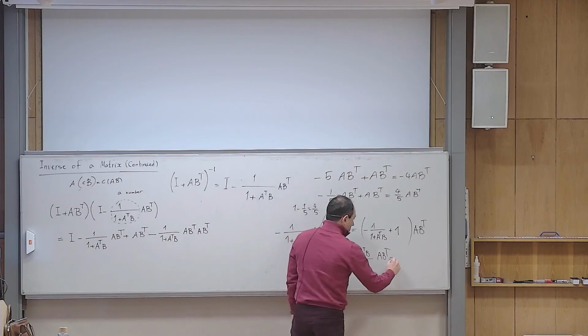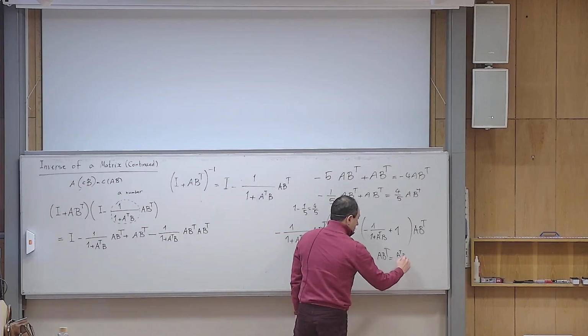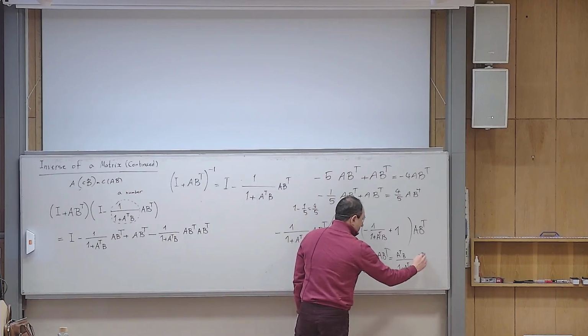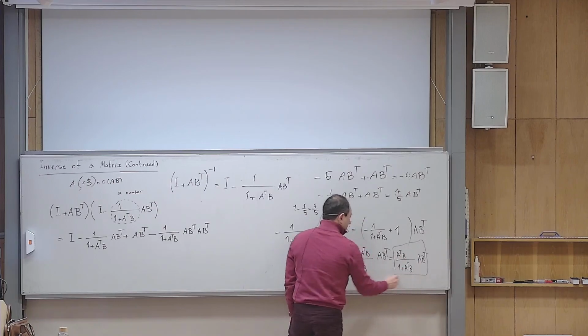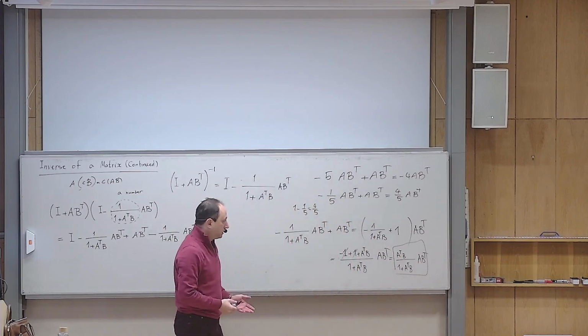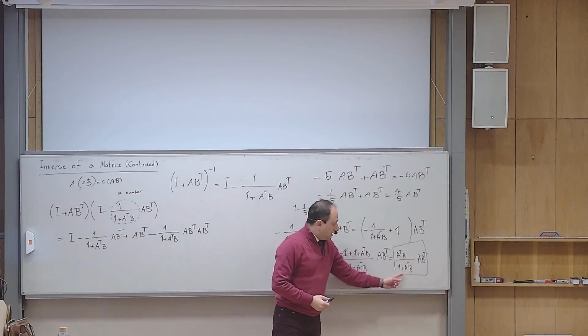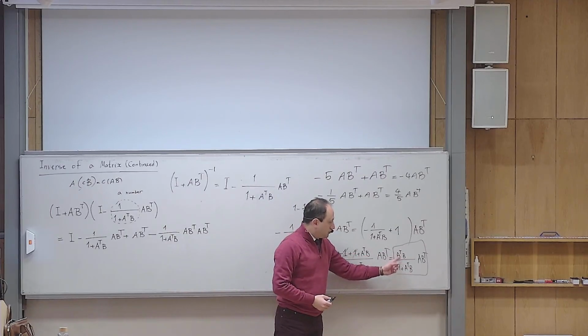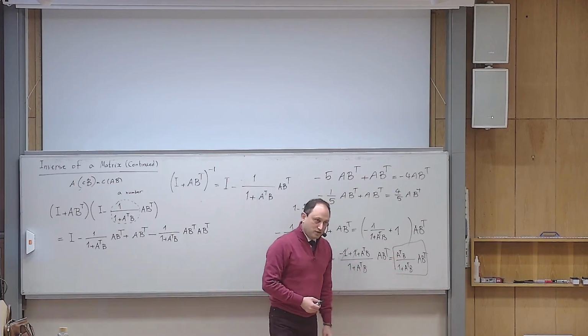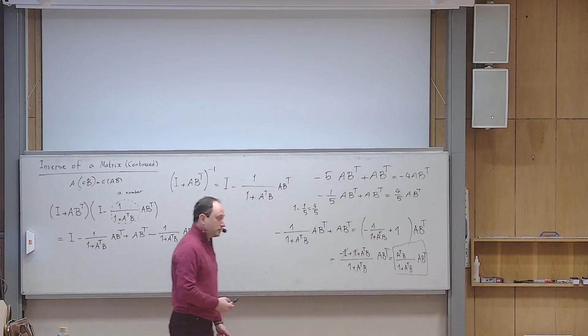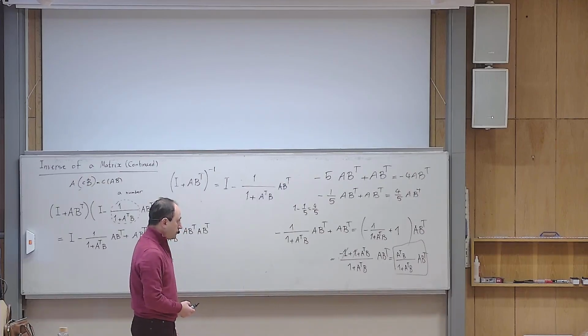And I get this expression, A transpose B over 1 plus A transpose B times AB transpose. Yes, but again, what is this one you see here? Because you know that in matrices we are not allowed to divide, but this is not division between matrices because essentially these are numbers, even though they are expressed in matrix form.